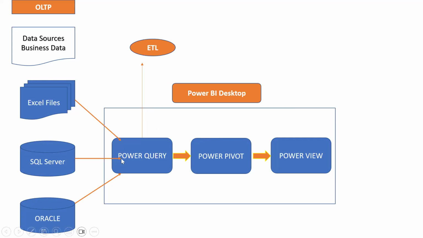No, in Power Query, we can do the ETL steps here, but the ETL which we do generally by pulling the data from OLTP servers and putting it in a data warehouse, that cannot be done inside Power Query in Power BI. If you want to do minor transformation, you want to change the data type of a column, you want to merge 2 columns into a single column, you want to merge 2 tables by using some kind of join, like left join, right join, inner join, or full join.